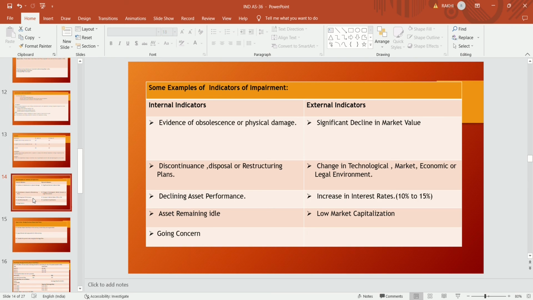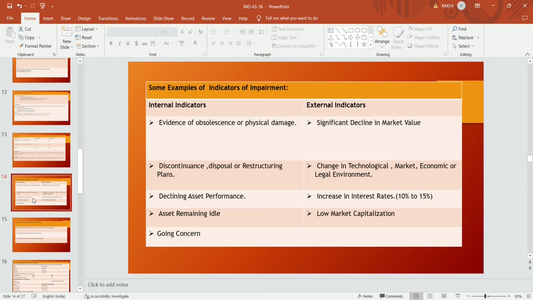If there is a discontinuance or disposal due to a restructuring plan in some industries, so that it will discontinue that industry, that is also an internal indicator. There is a chance of impairment, so they will do the testing. These are the indicators of impairment.